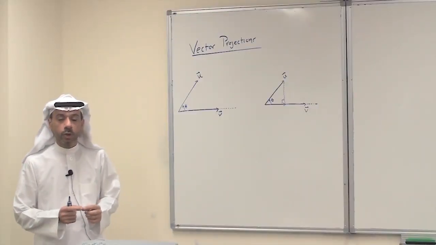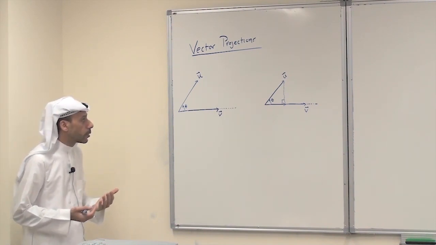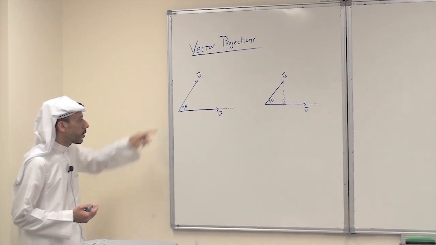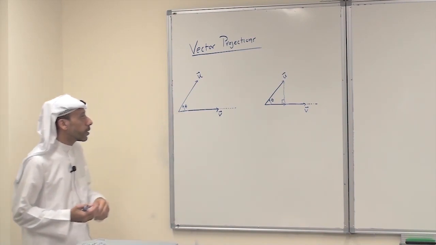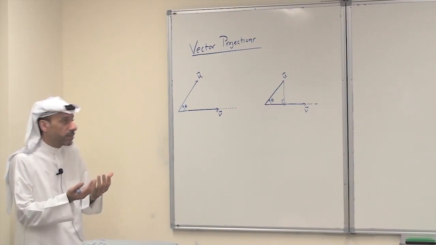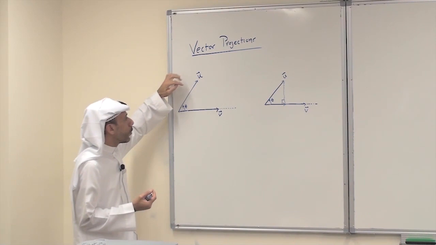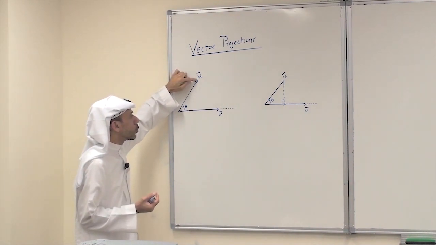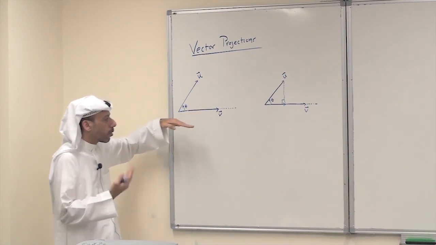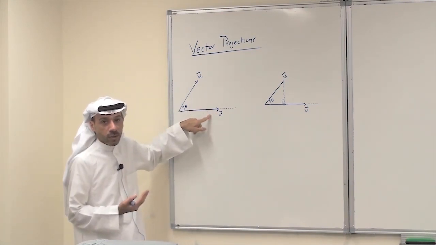Now we consider the notion of vector projections. The situation is as follows. We have two vectors, u and v, and we have the angle theta between them. Vector projection works as follows. We take a perpendicular line from the vector u onto the vector v, or onto the line containing the vector v.